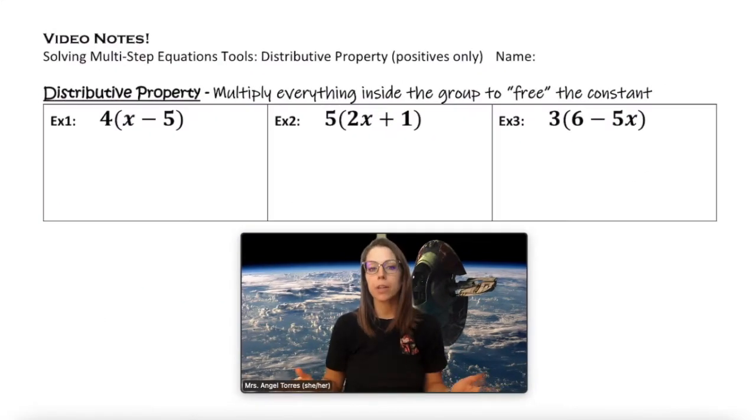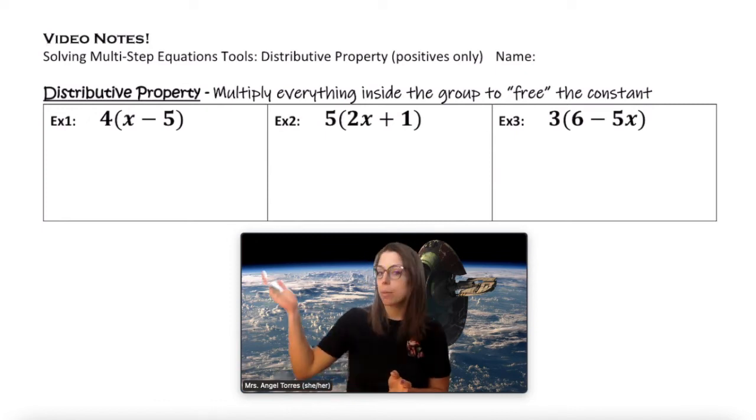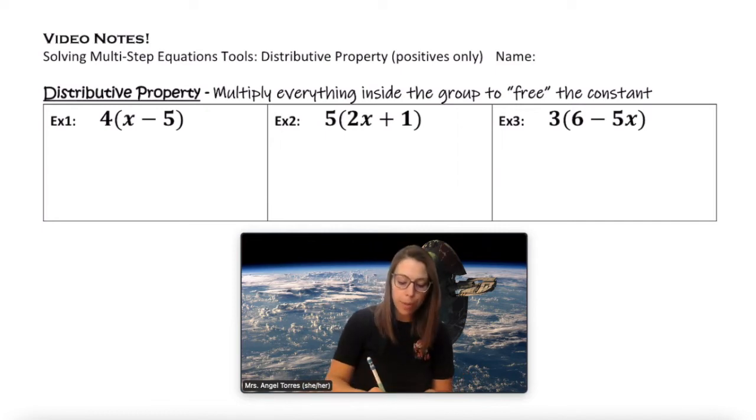So as a quick reminder, the distributive property basically states that you're going to multiply everything inside of the group by what's outside to essentially free the constant. So looking at expression number 1, we have 4 times the group of x minus 5. We're going to multiply everything inside of the group by 4, and that will free our constant out of the group.